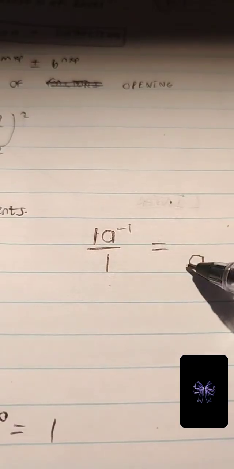So there is a 1 that is there. I'm not going to necessarily write it because it is there whether I write it or not. But this base changes its position from the numerator to the denominator. When the position of the base changes, the exponent sign also changes from negative to positive. Exactly. So we have a positive 1.